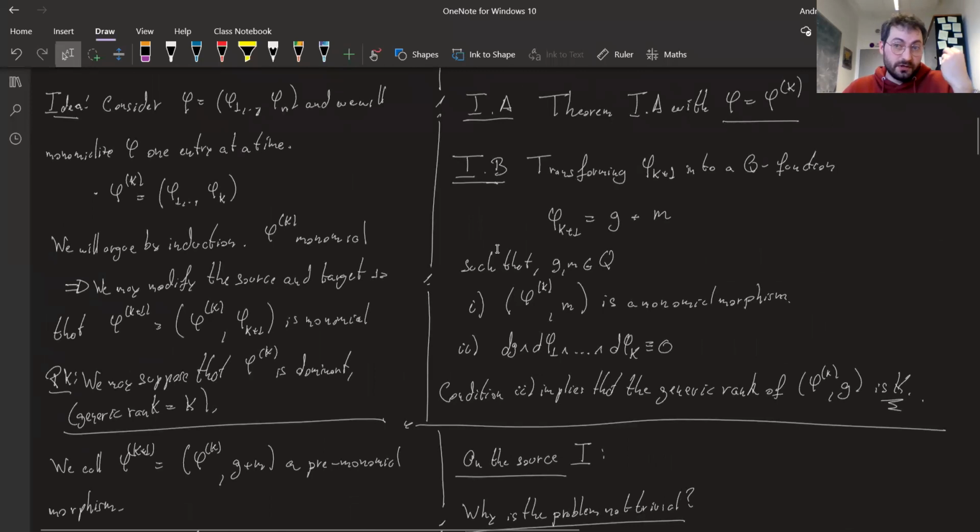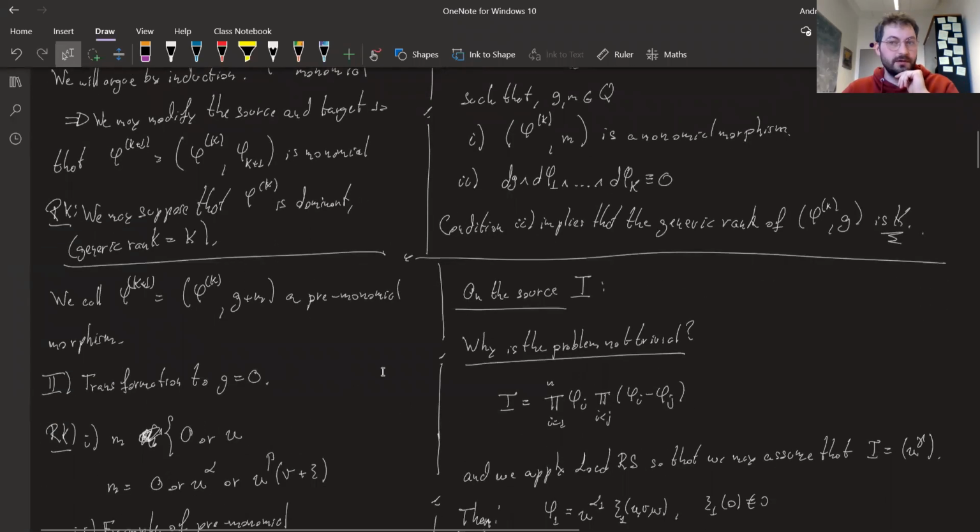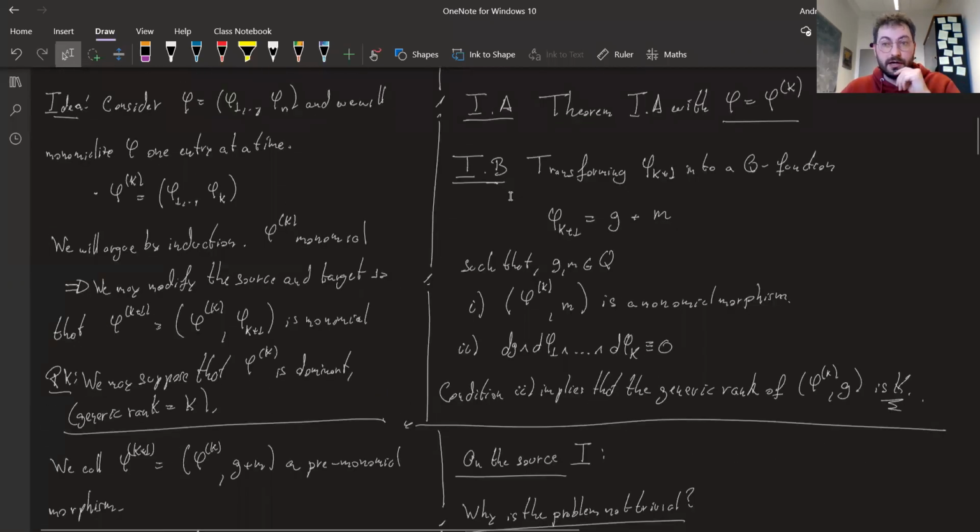So this is one of the delicate points about the difference between quasi-analytic and analytic. This is a point that makes a big technical difference. In the analytic case, just to repeat, one can prove 1A by just proving part 1A and part 2. In the quasi-analytic, we do not know how to do that. We need to prove also that the morphism can become premonomial.